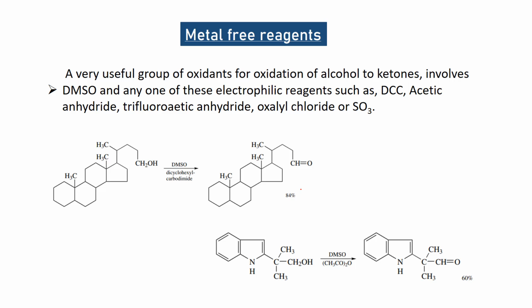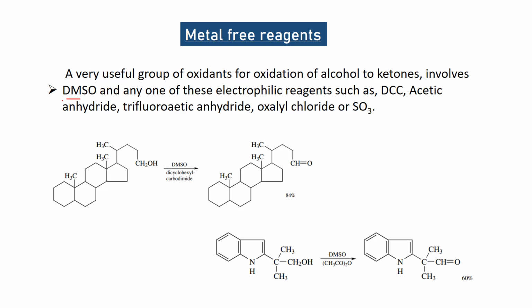A very useful group of oxidants for oxidation of alcohol to ketone, which contains no metal, is DMSO. You have usually seen DMSO used as a solvent, but DMSO can be used as a reagent also.